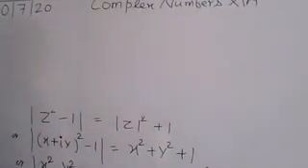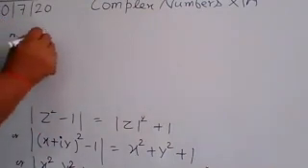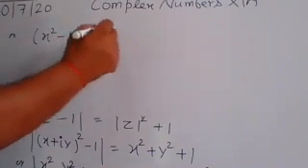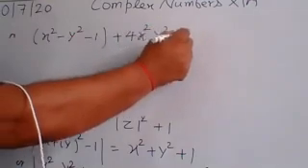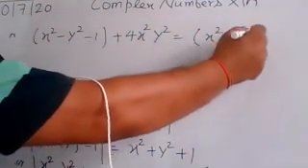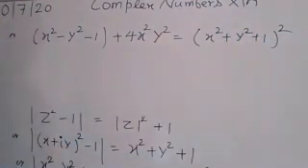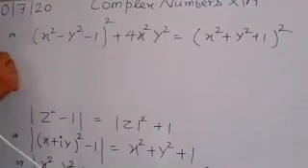So after that, you're squaring both sides. So you have x square minus y square minus 1 whole square plus 4 times x square y square is equal to x square plus y square plus 1 whole square. Okay, now expanding. Here the square is also there, so you take the square of this one.